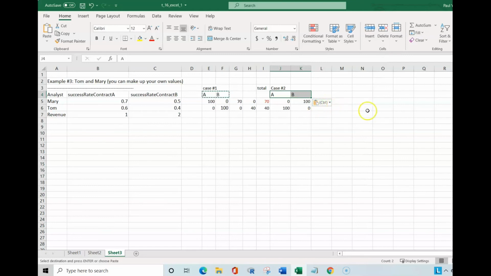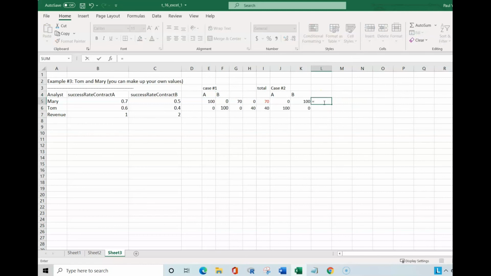So it's 0, 100, 100, 0. So let's look at the performance. Performance is number of A times corresponding success rate. So it's 0 because it's 0 projects. Now 100 times 50%. So without calculation, we know it is 50.